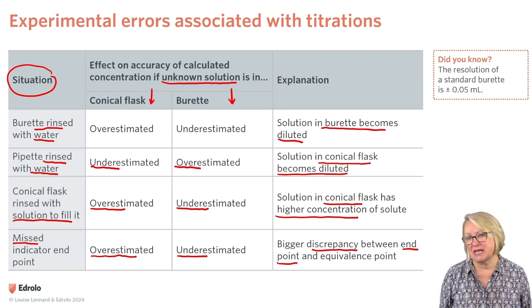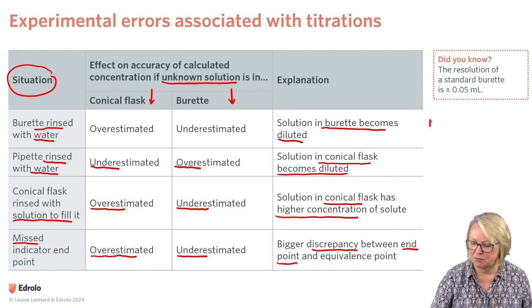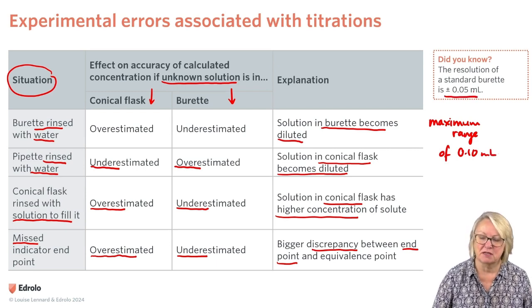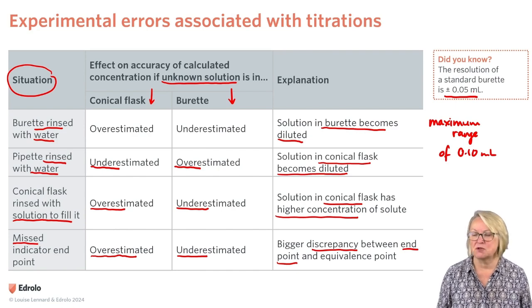So that's repeated until concordant titers are received. We need 3 concordant titers with a maximum range of 0.10 mL, which is about 2 drops, which is the standard resolution of a burette, plus or minus 0.05 mL.